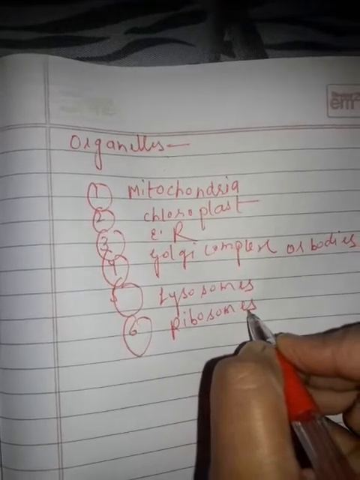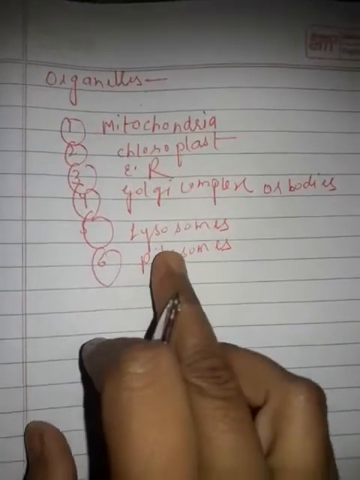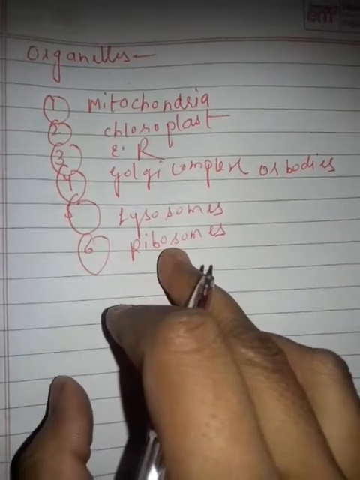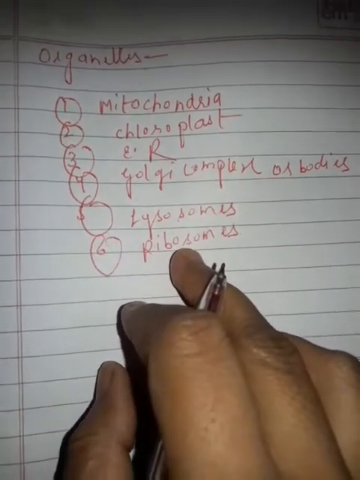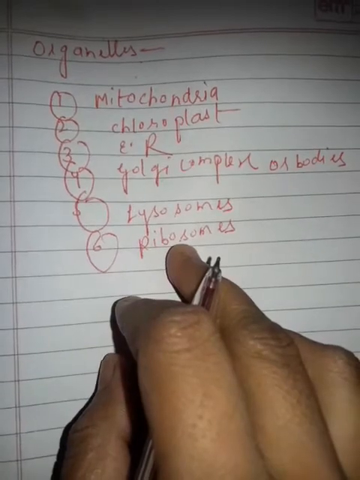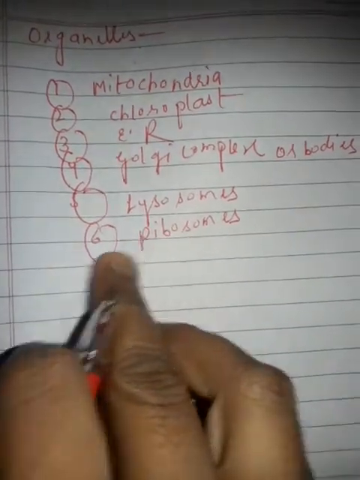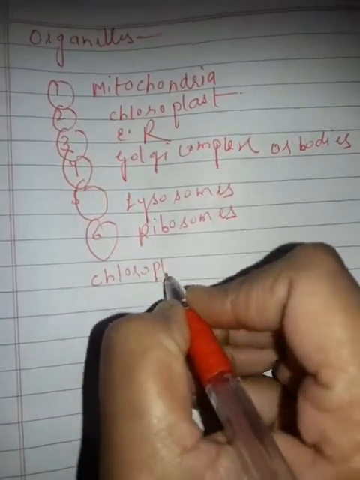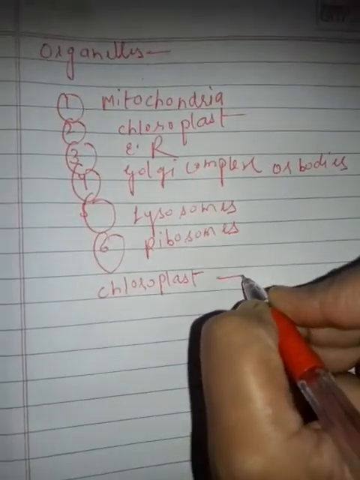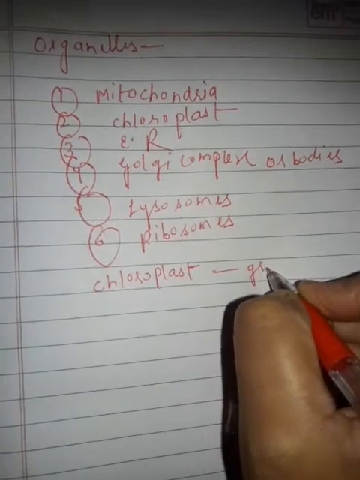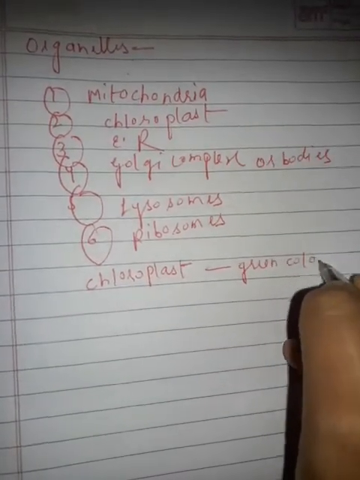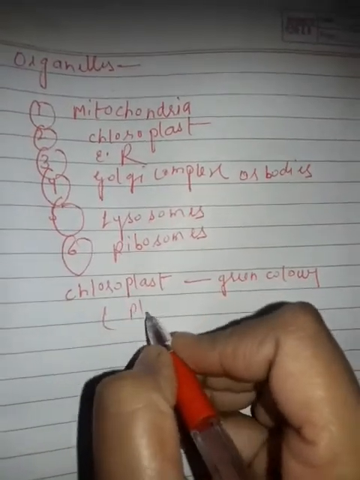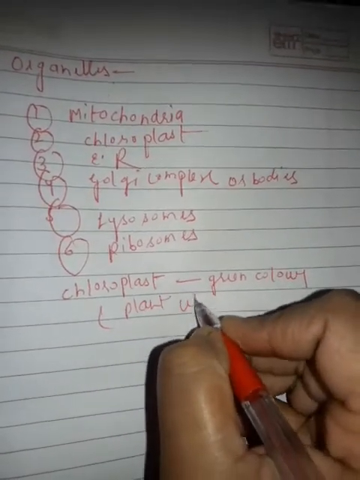Chloroplasts are green colored structures conspicuously present in the plant cell.